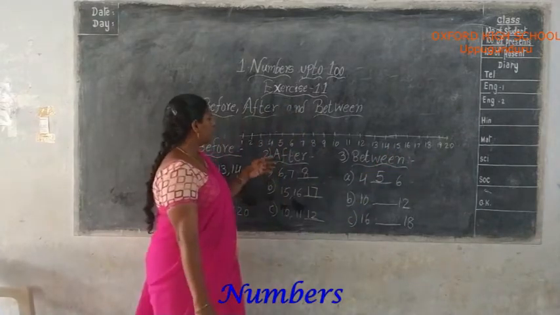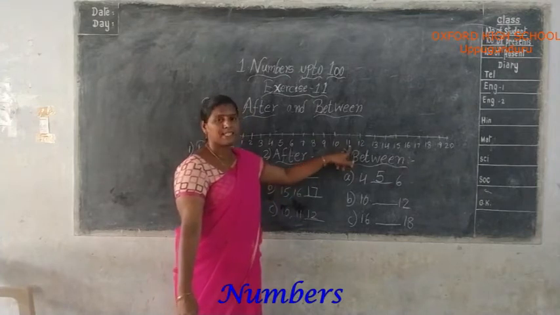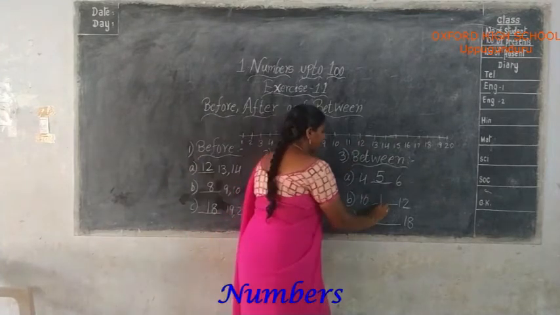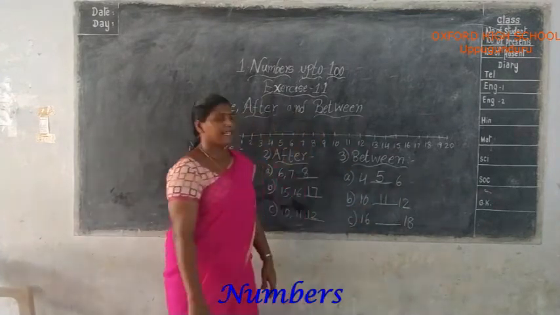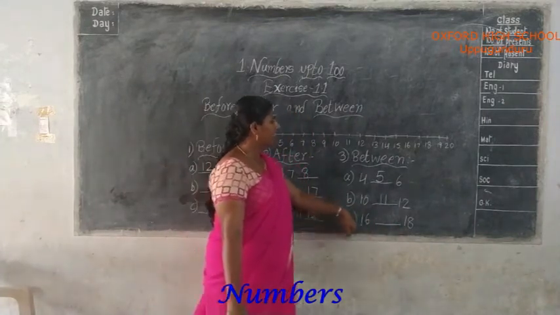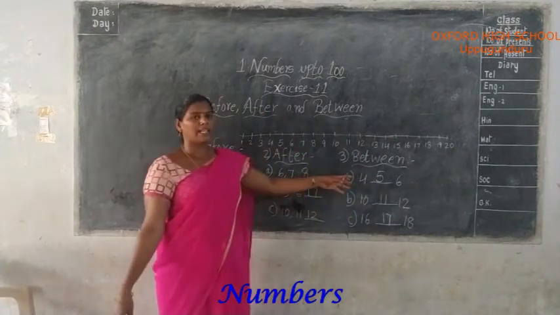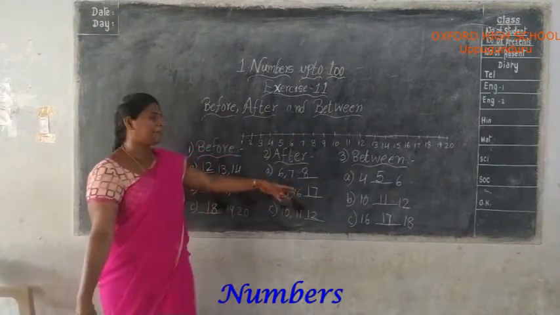Next, 10 and 12. Between 10 and 12, which number is there? 11. Next, 16 and 18. Between 16 and 18, which number is there? 17. Okay, these are examples for between.